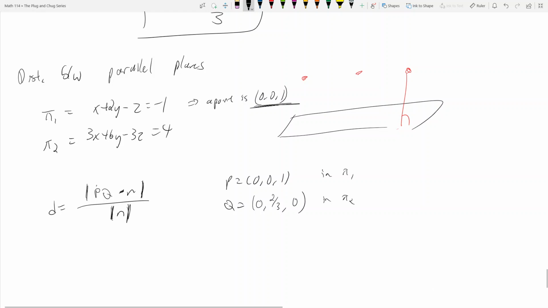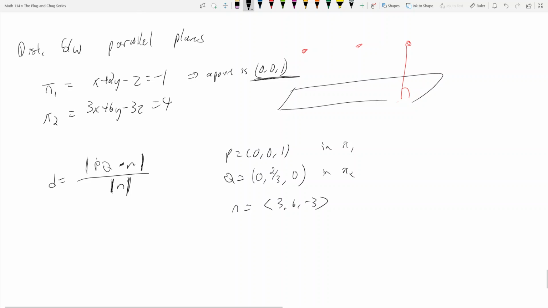All right, and since Q has to be inside the plane, then our normal vector is going to be the one for pi 2, and it's going to be 3, 6, -3. All right, so what is PQ then? PQ is equal to 0, 2/3, -1, and then I want to dot it with 3, 6, -3, right?